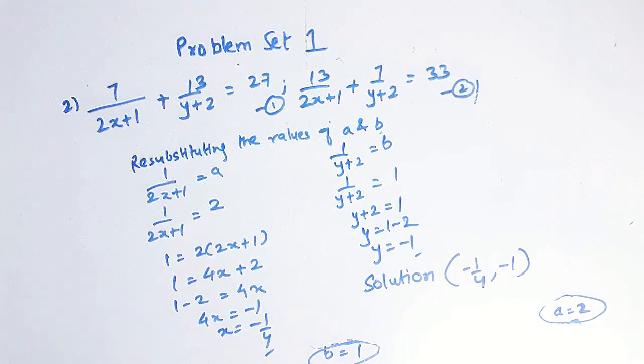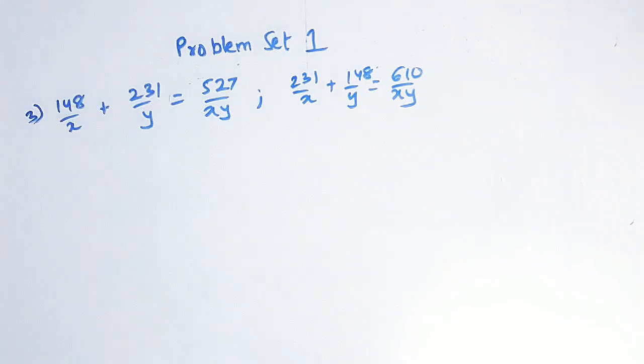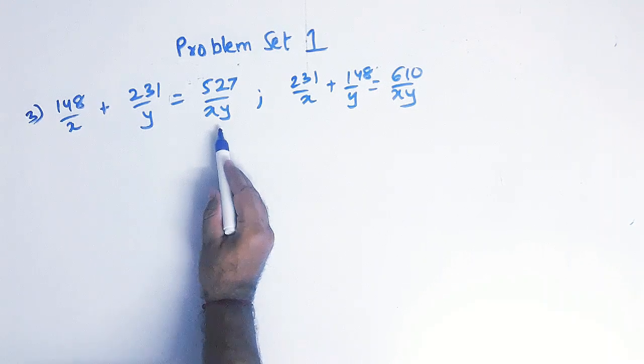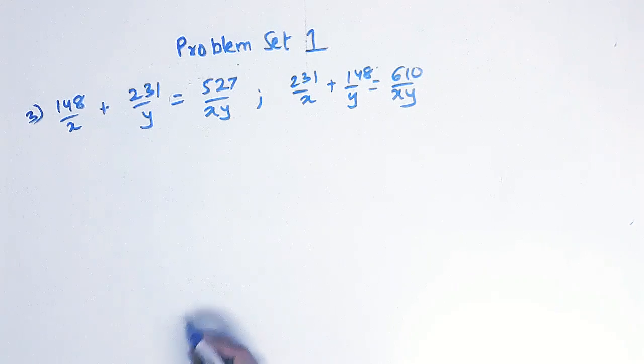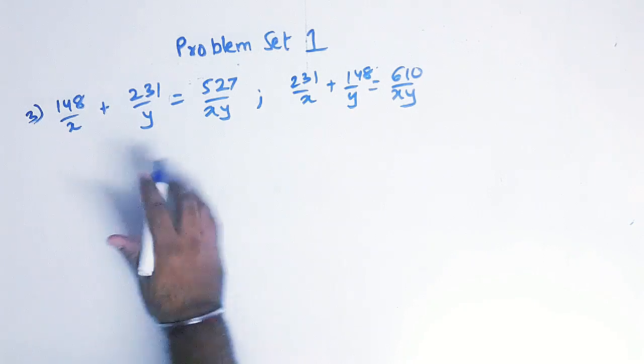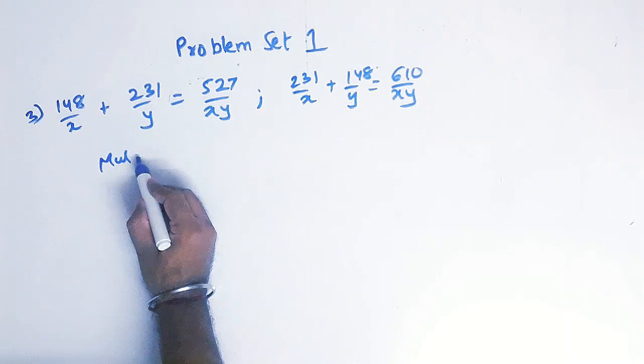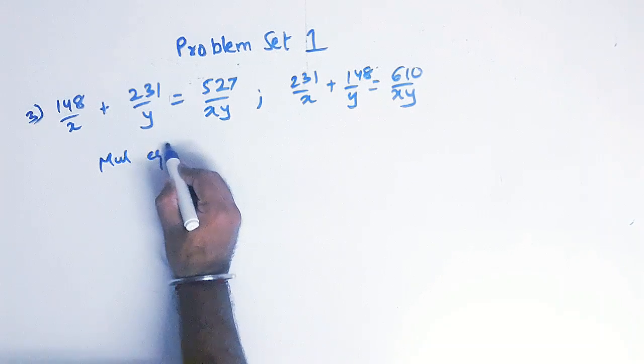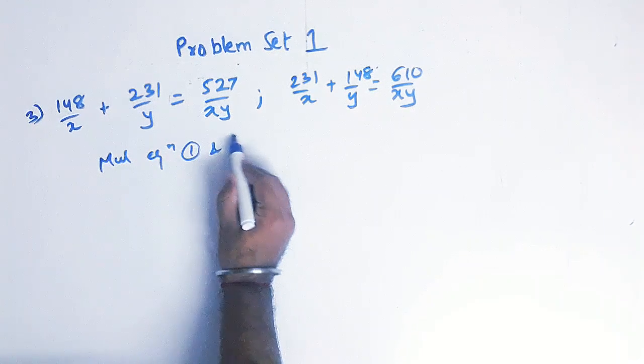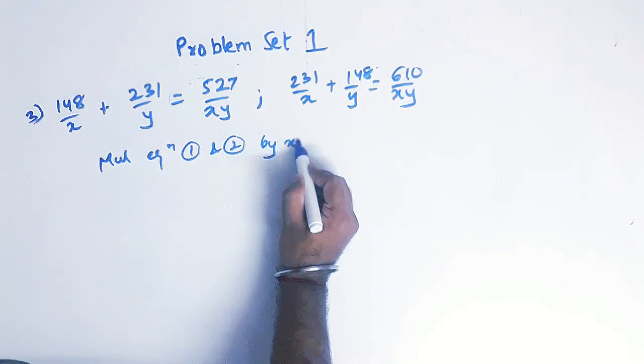Minus 1. Okay, then sum number third, you can see you have x in the denominator, y in the denominator, but here xy you have as the denominator. When you see such a question, the steps are very simple. Multiplying equation 1 and 2 by xy.